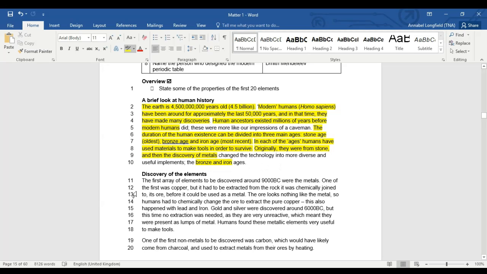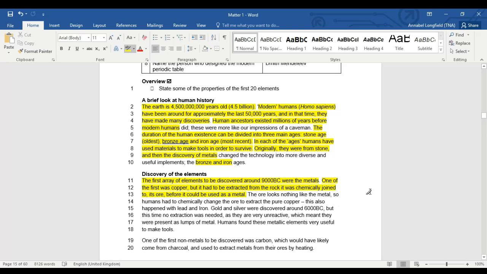Now we're going to talk briefly about the discovery of the elements. So the first elements to be discovered, around 9000 BC, were metals. So metals we've known about for a really long time. One of the first metals was copper, but it had to be extracted from the rock it was chemically joined to, its ore, before it could be used as metal.